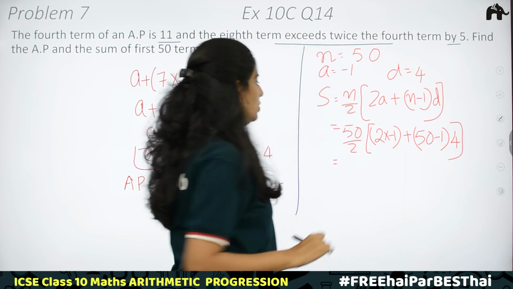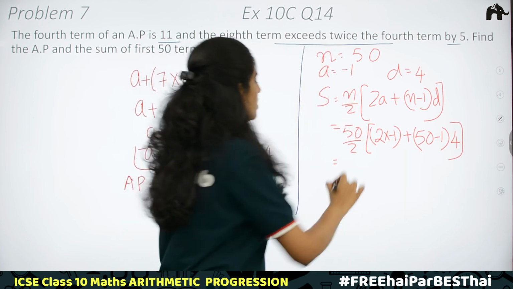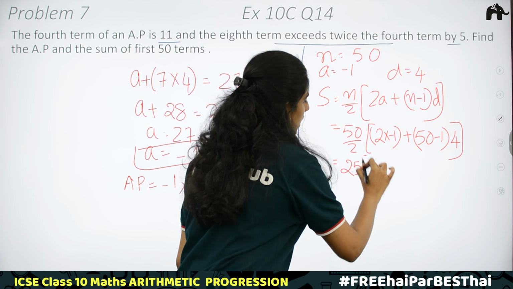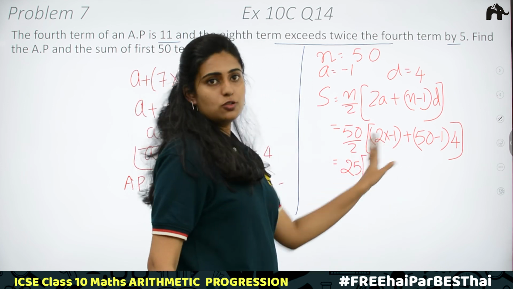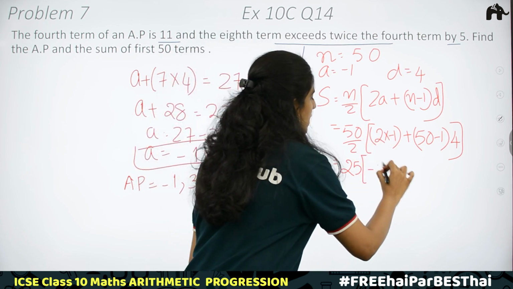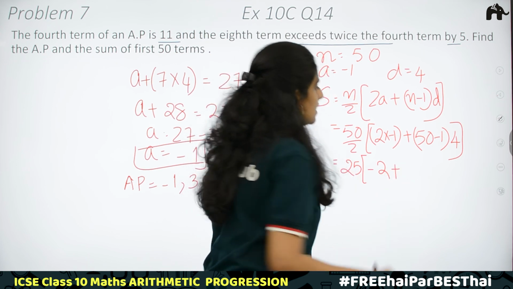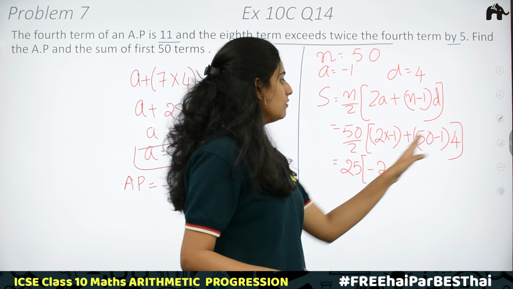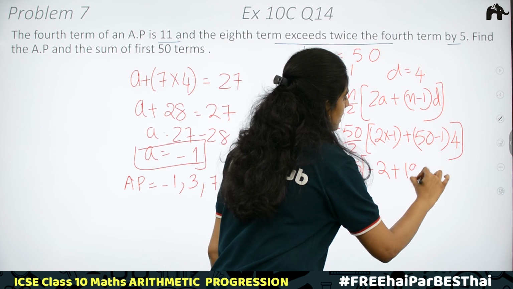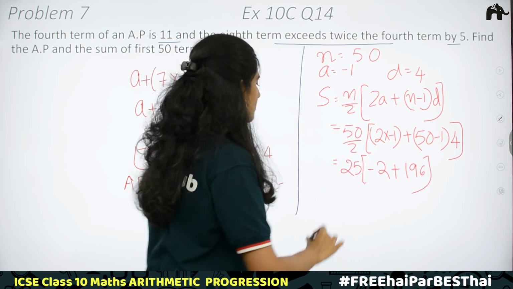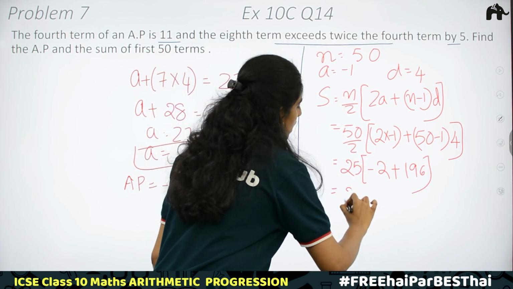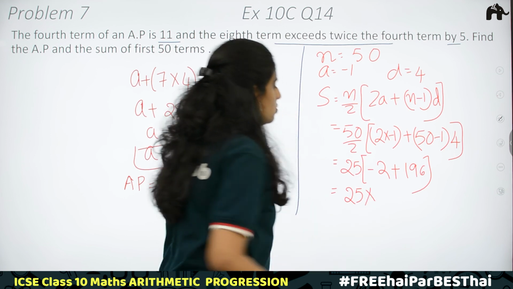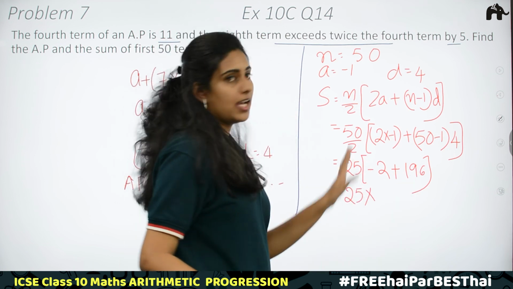That is equal to 50 divided by 2, 25 into (2 into minus 1, which is minus 2, plus 50 minus 1, 49, into 4, 196). That is equal to 25 into (196 minus 2).